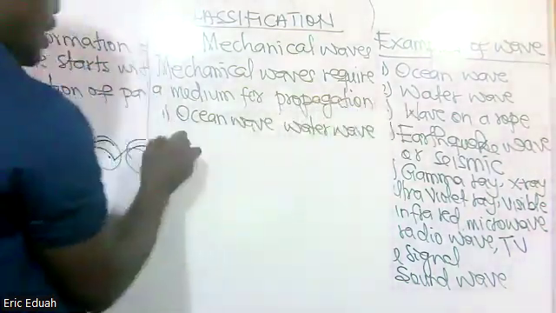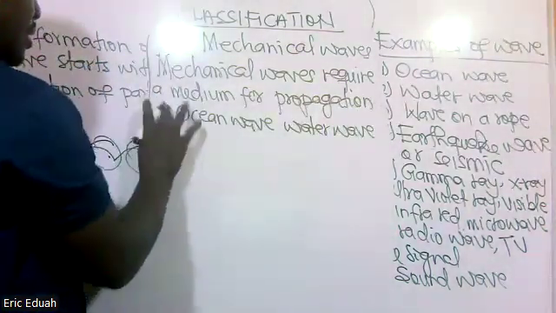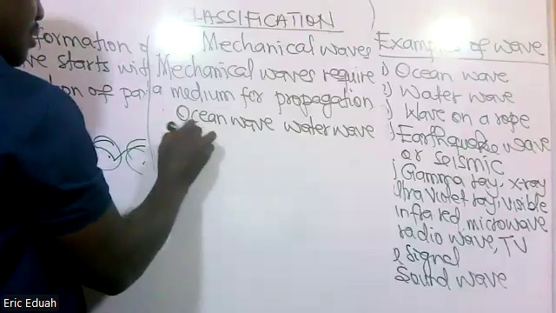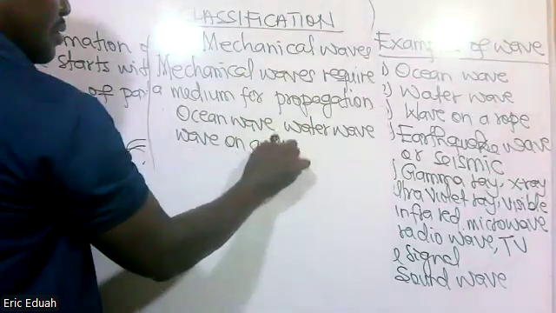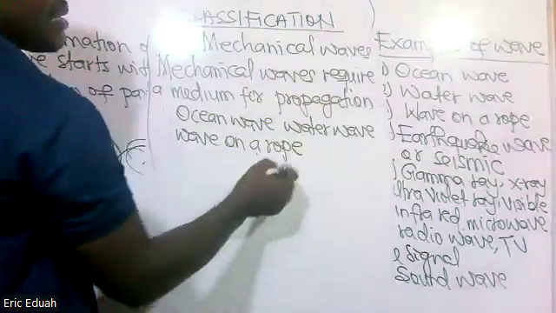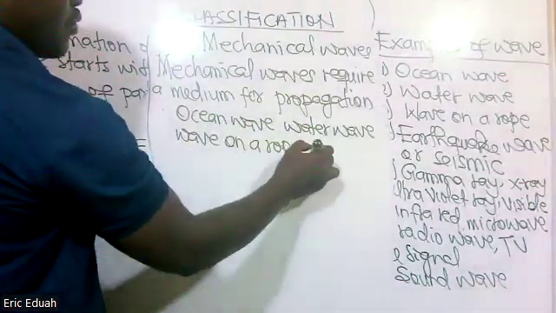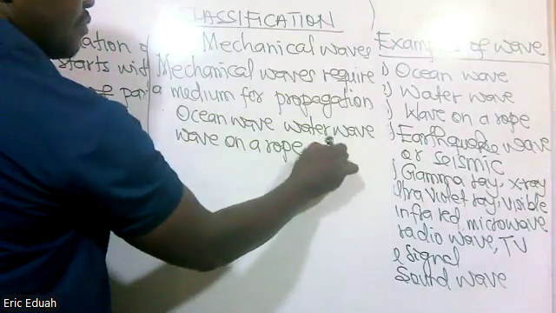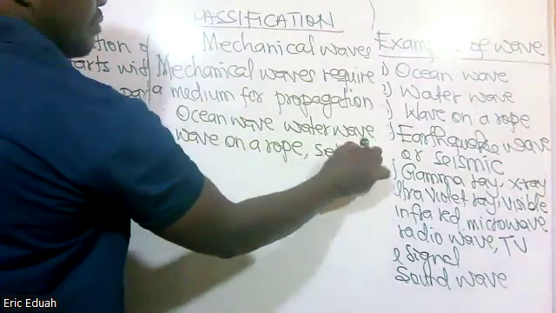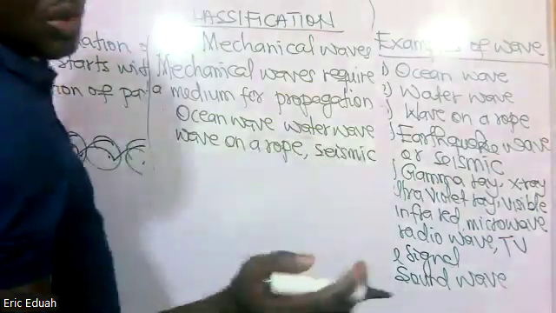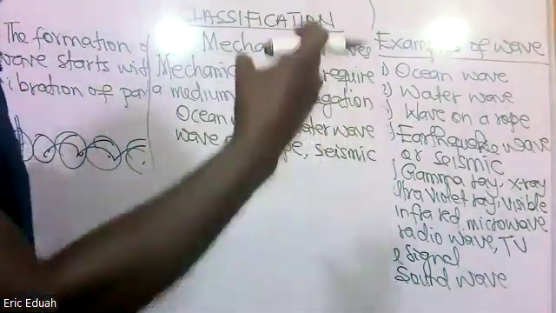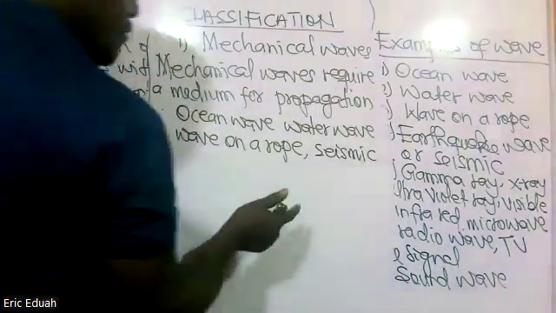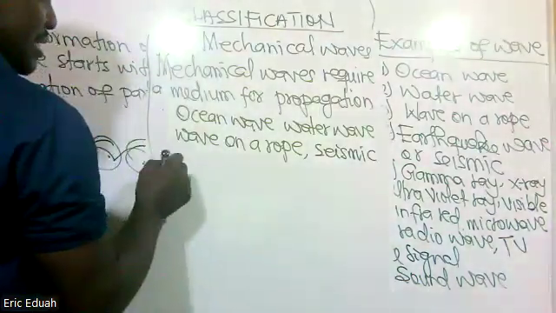We have wave on a rope, seismic or earthquake wave. If there's no soil or rocks, earthquake wave can never happen.